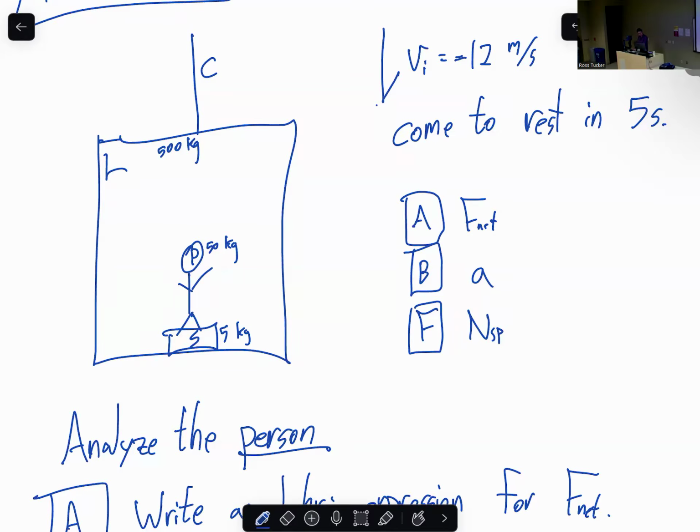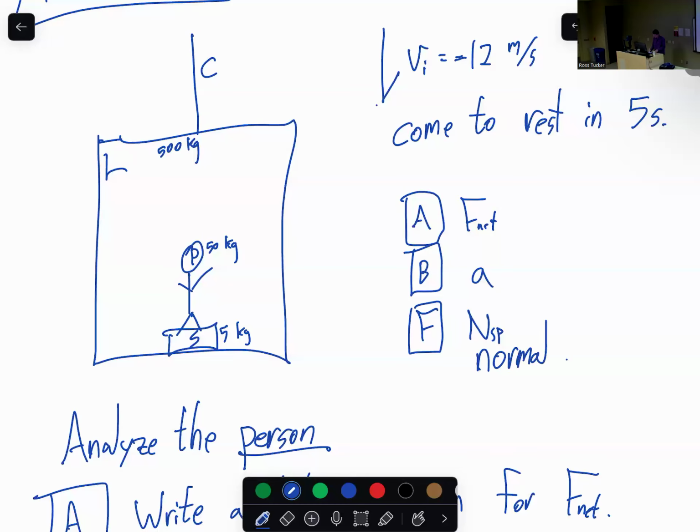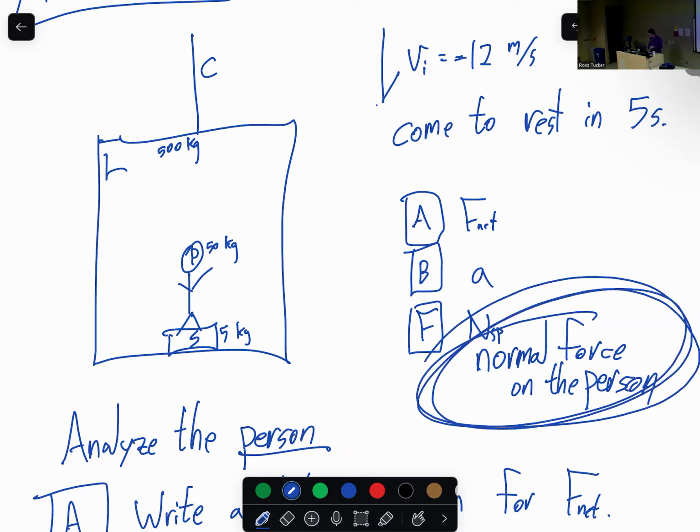Question one, am I asking for Newton's second law? No, I am asking for the normal force on the person. This is what I want, the normal force on the person.